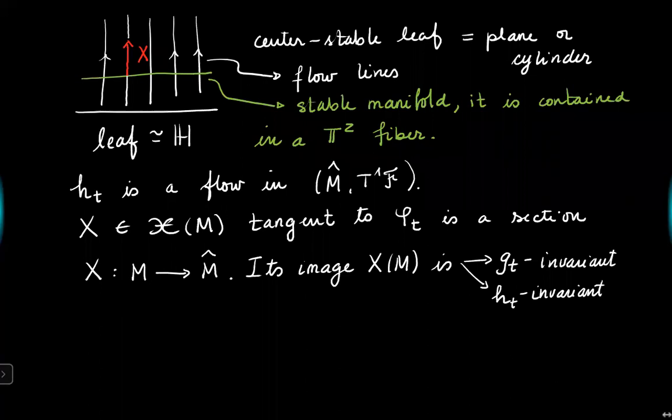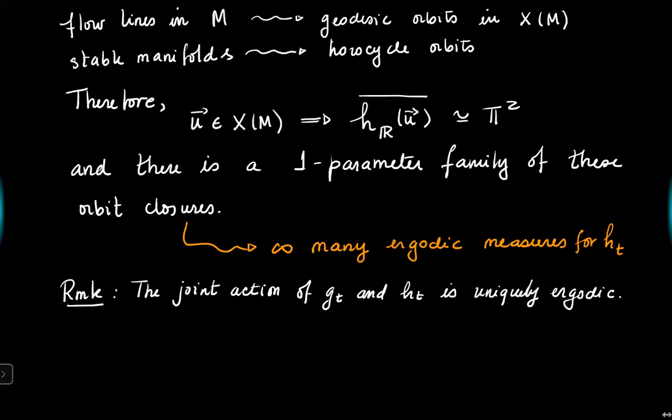The flow lines in M become geodesic orbits in this invariant set. The stable manifolds, which are green, become horocycle orbits in this invariant set. So there are horocycle orbits that have a torus-like closure.